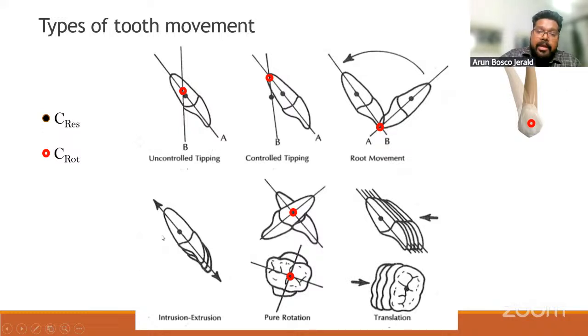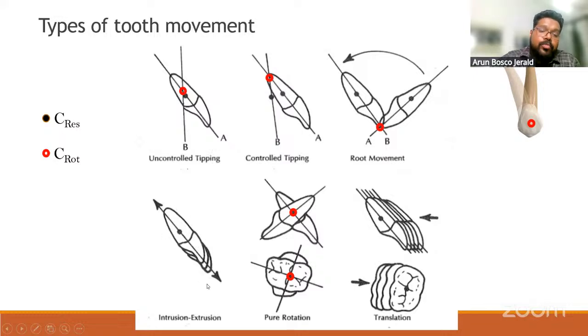Now, coming to the next figure, this is intrusion and extrusion. So when you give a particular force which can intrude and that is passing through the center of resistance, then it is called bodily movement. And true intrusion and extrusion are bodily movements in which all the points will be moving in the same direction. For this movement, the center of rotation will be at infinity because the tooth is moving very minimally along the long axis of the tooth.